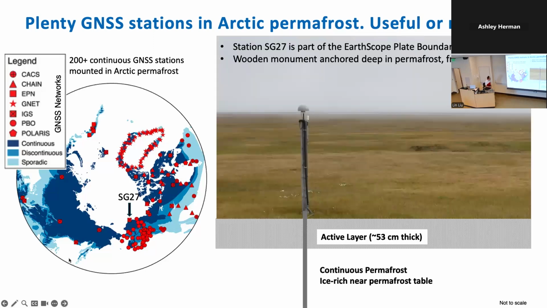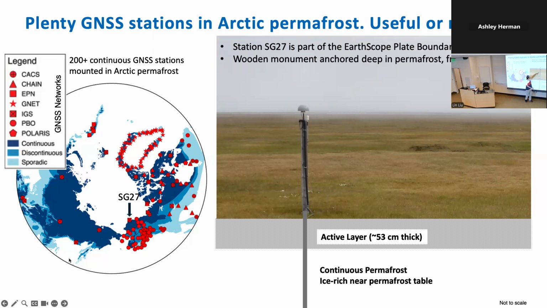So I looked at one of them. This station is SG27, right over the north coast of Alaska. This is what it looks like. It is part of the EarthScope Plate Boundary Observatory. You can tell from the name, it's mainly for studying plate movements. People tried very hard to install this one.